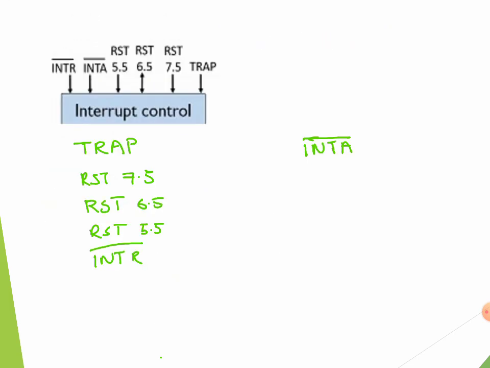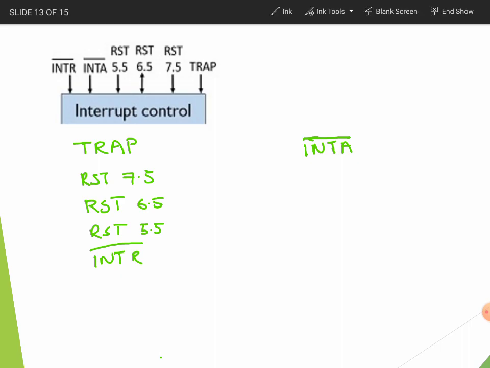Next is your input control. So interrupts are a very important topic in microprocessors. The 8085 has 5 hardware interrupts: TRAP, RST 7.5, 6.5, 5.5 and INTR.